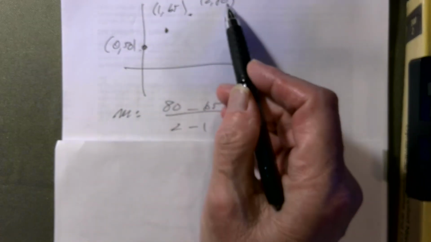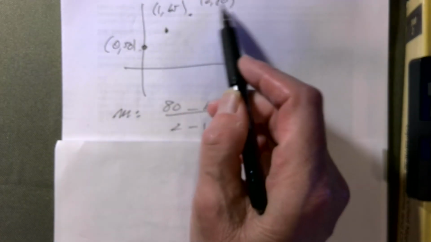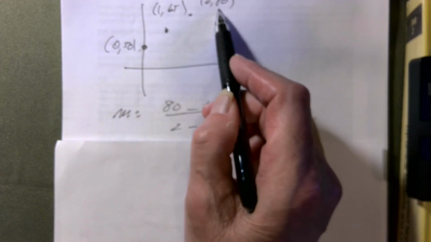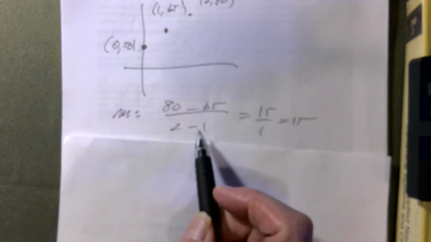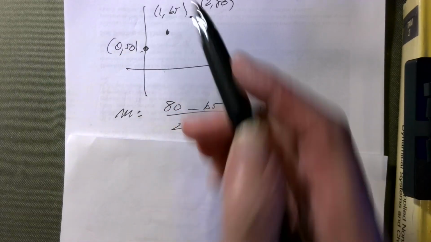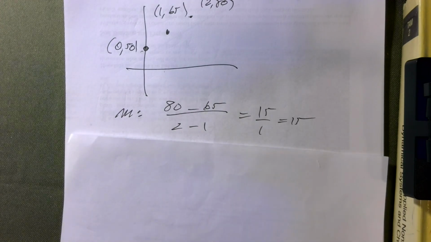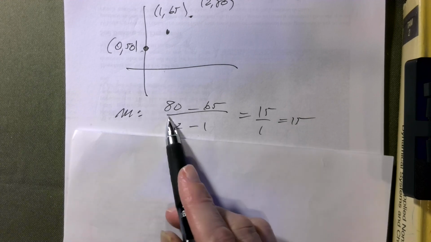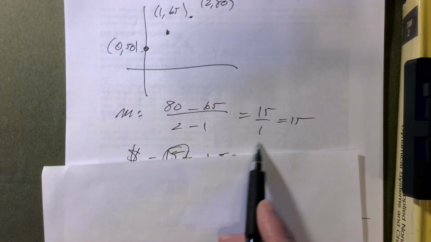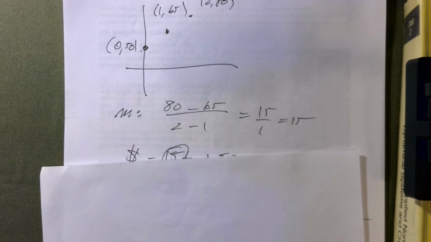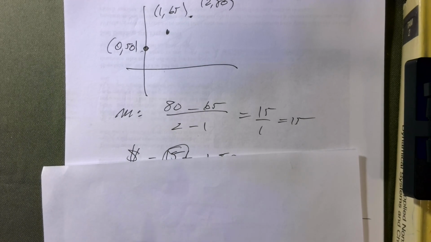So I'm going to just take the difference in the y values over the difference in the x values. So I take 80 minus 65, and then 2 minus 1. And remember, it doesn't matter which way you do this. Just stay consistent. So 80 minus 65 is 15, 2 minus 1 is 1. The slope is 15. Guess what, folks?